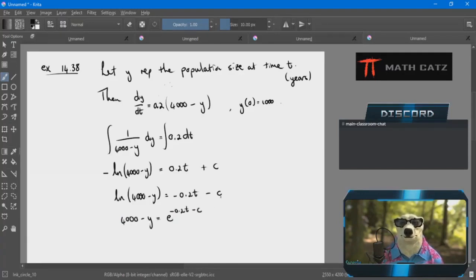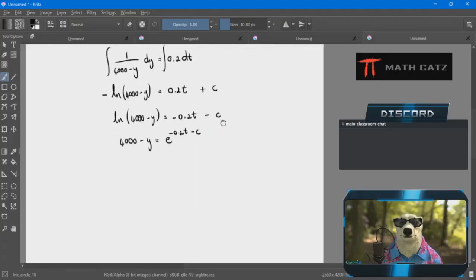Let's shift up a little bit. So solving for y, I move y to the right, the e portion to the left. I get y equals 4,000 minus e to the negative 0.2 t minus c.